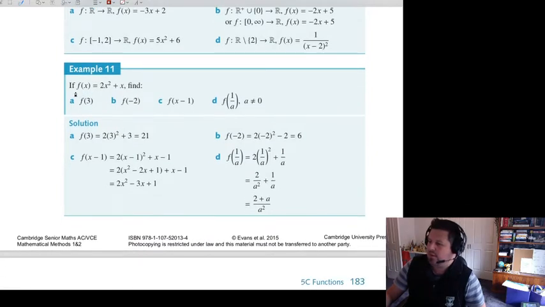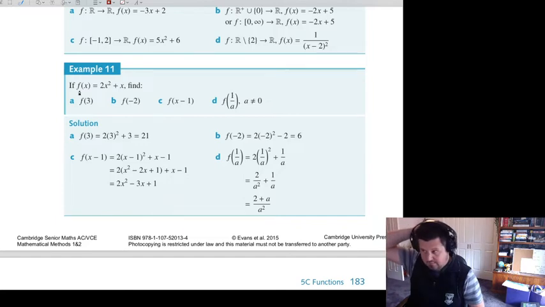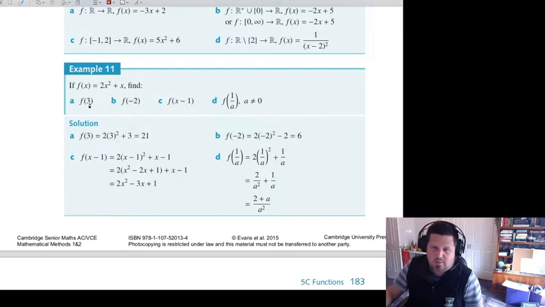Worked example number 11 is now using this function notation, f of x, and it's pretty cool. Once you've got f of x and they've got a function 2x squared plus x, it's asking you to find each of these. So if you had to find f of 3, it means substituting x being equal to 3 into this equation. So wherever you see the x, you're going to plug in 3, which we can do, and we can evaluate it.